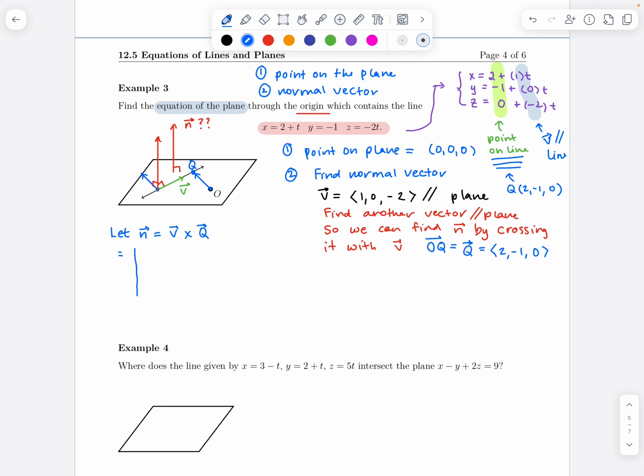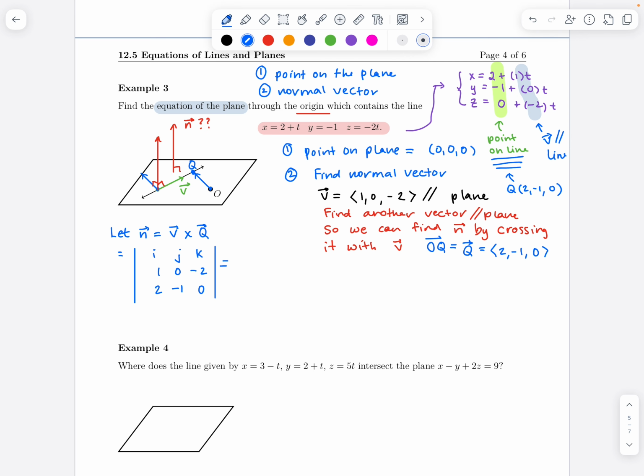So setting up the cross product, I know the top row should be I, J, K. The middle row should be that first vector in the cross, although in this case it won't matter because you'll just get plus or minus the value of the cross product even if you swap them, and that will still be something that's orthogonal. So I take V, which is 1, 0, -2, and Q, which is 2, -1, 0.